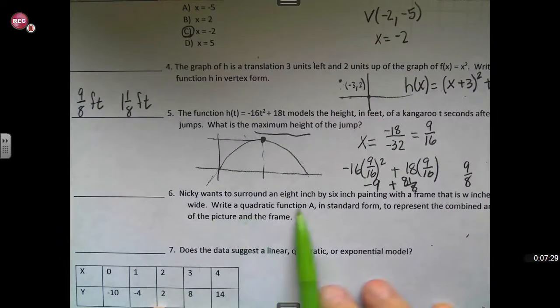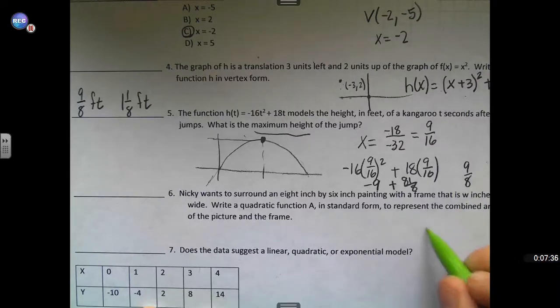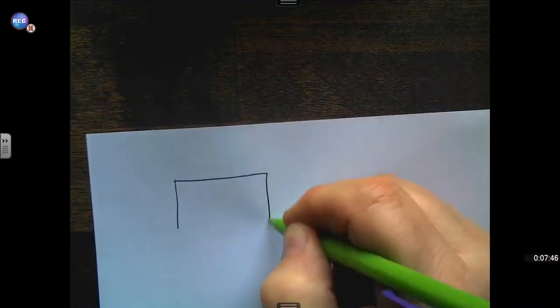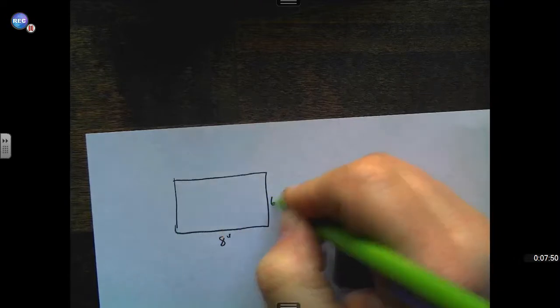Nikki wants to surround an 8-inch by 6-inch painting with a frame that is W inches wide. So the painting, let's go to another piece of paper for this one. Painting is 8-inch by 6-inch. Okay, so 8 inches by 6 inches.